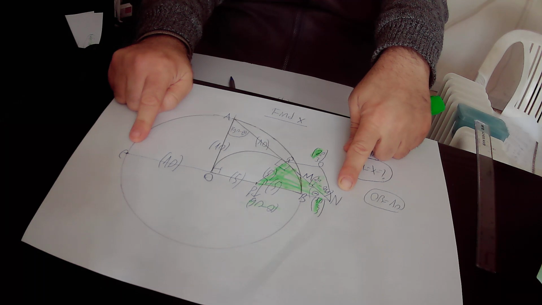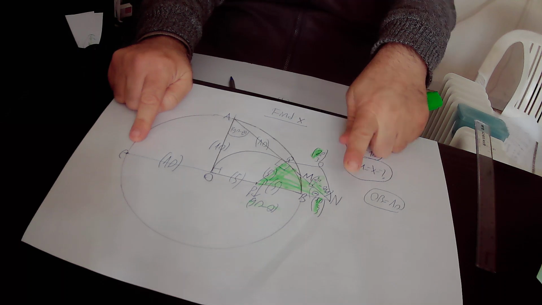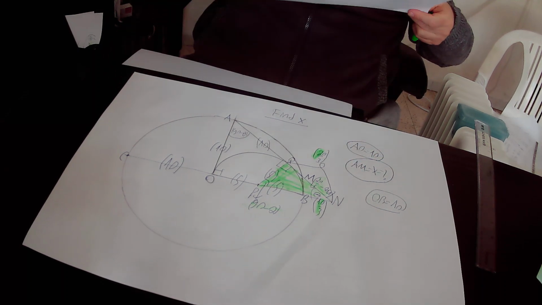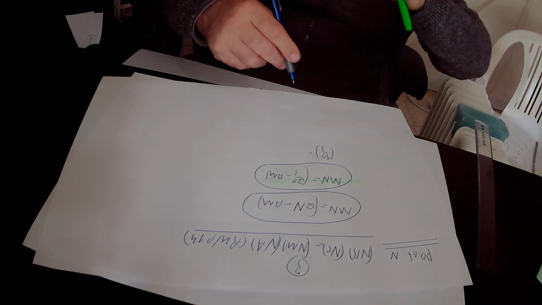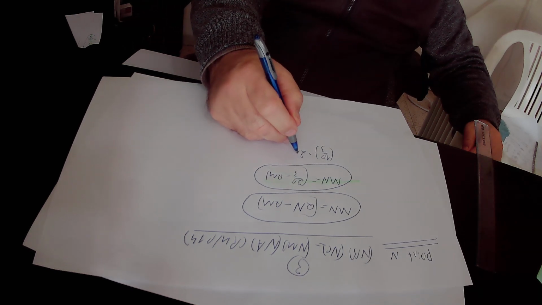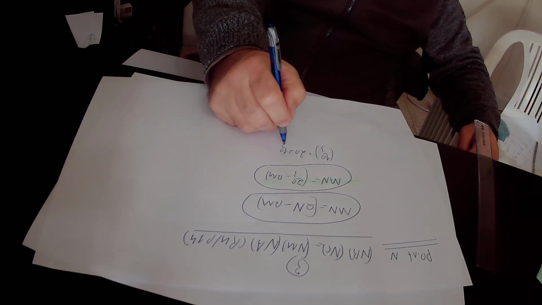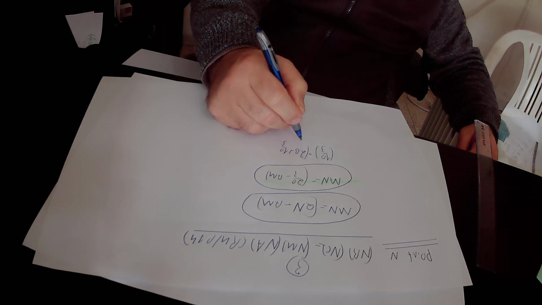So NC equals 10 plus 5 plus 5, that is 20, plus 10 over 3.